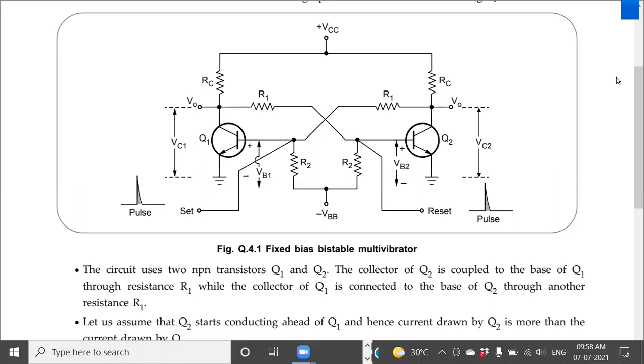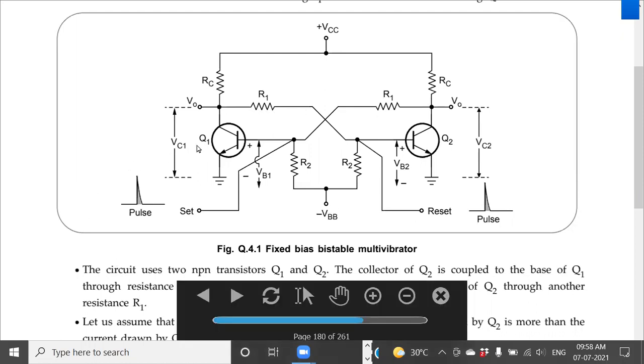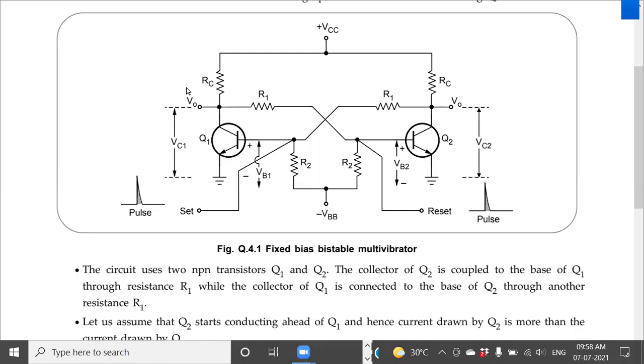So because of that slight difference and these cross coupled connections, one transistor will move into on and the other transistor will move into off.